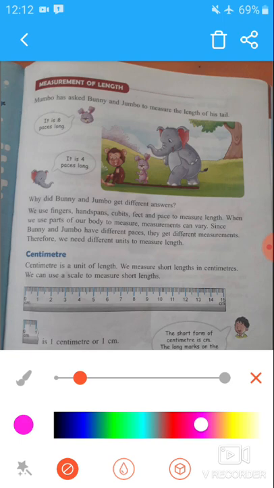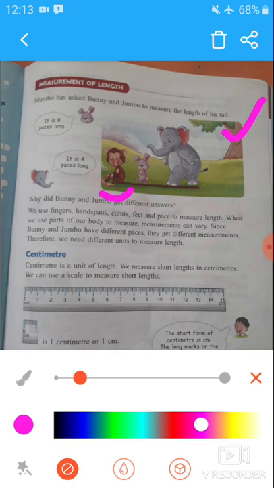Mumbo has asked Bunny and Jumbo to measure the length of his tail. Mumbo is a monkey and he asked Bunny and Jumbo to measure his tail.